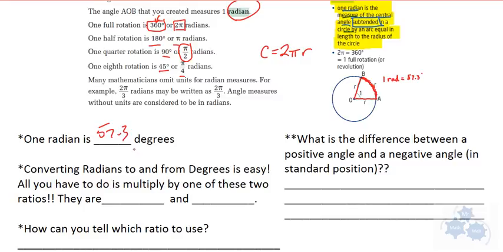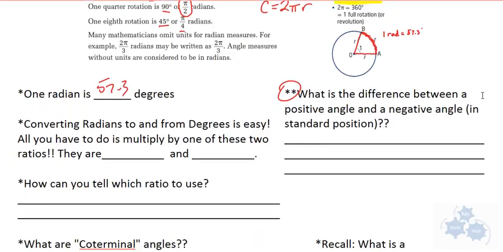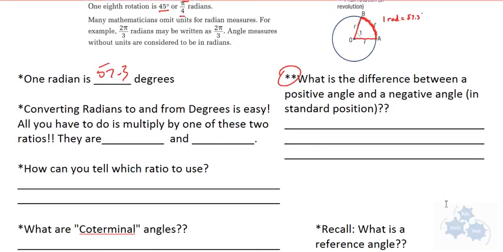Now, I don't know which way you went here. Do you guys have this on your sheet? Did I add this later? What's the difference between a positive angle and a negative angle in standard position? I think I asked you to put that on your sheet if it wasn't on the original copy. So, what's the difference between a positive angle and a negative angle in standard position? Anybody?